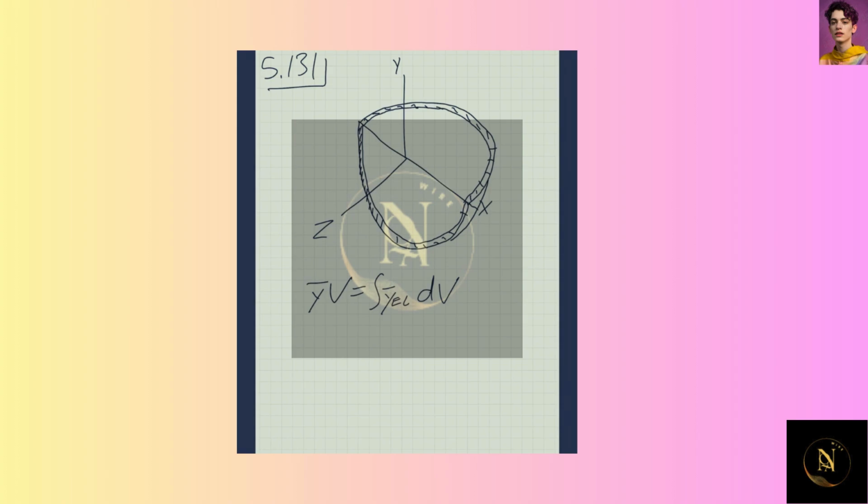And the differential element of this hemisphere is going to be a thin slice in the xy plane that's integrated across the hemisphere, where that slice is going to look like this.